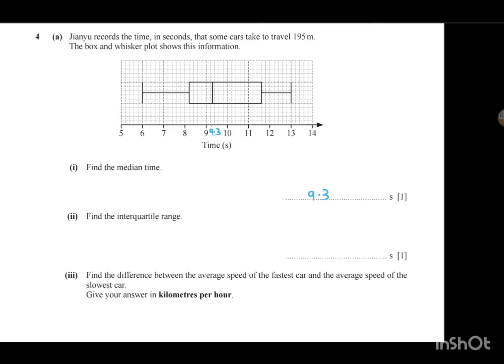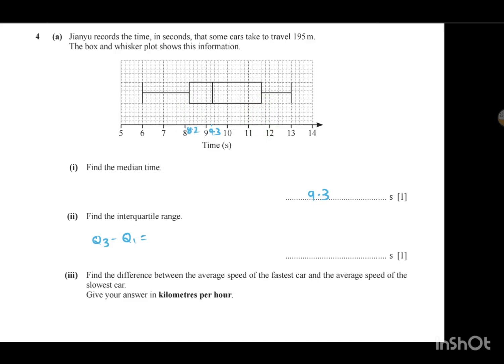Question number 2, find the interquartile range. So interquartile range will be Q3 minus Q1. What is Q3? Q3 is 11.3 and Q1 is 8.2.